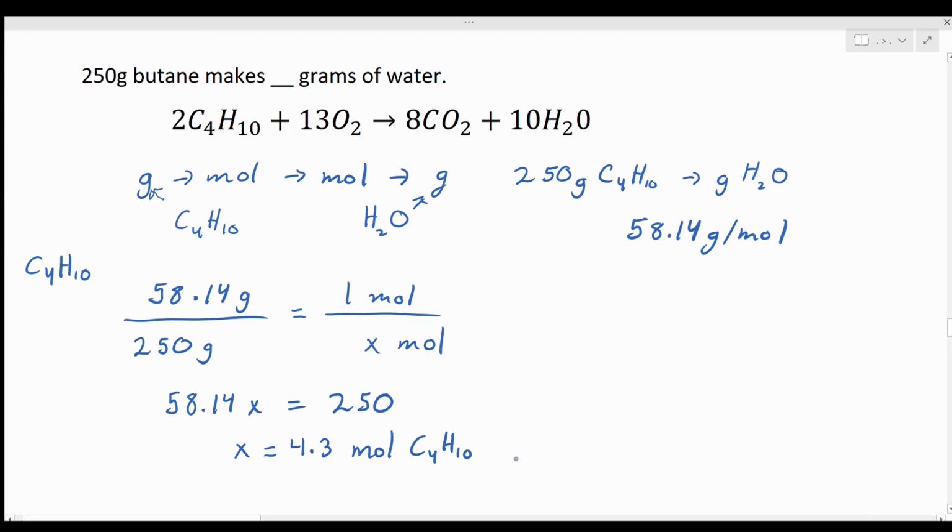Our next step is to see the stoichiometric relationship between 4.3 moles of butane and the number of moles of water. So from the equation, we see here that 2 moles of C4H10 can make 10 moles of water.